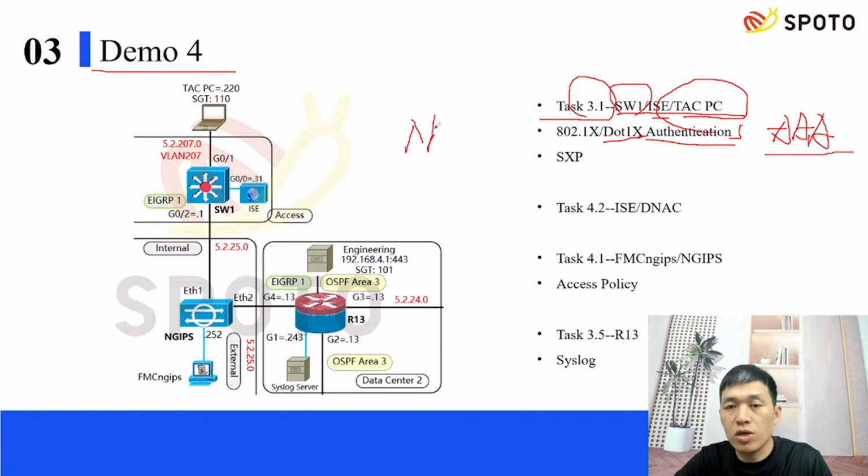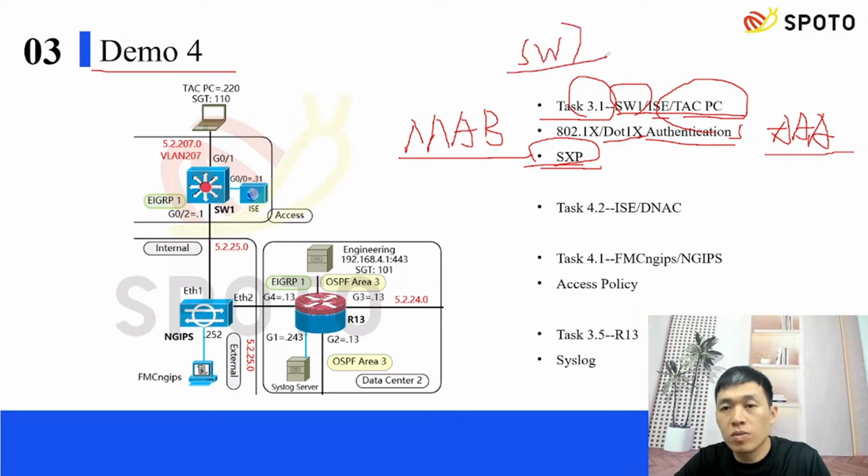And later you will see MAB authentication, which is MAC authentication bypass. And in the last version, CompTIA is deployed on switch 7. But now in this new version, we should deploy this protocol on switch 1.